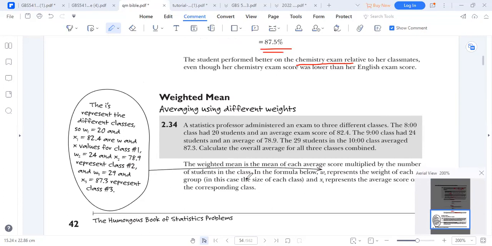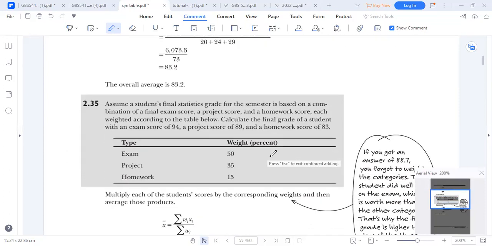So we go to using different weights. All right, so weights are important. We can use this question here. We have Maggie who wrote her exams based on 3 components: the final exam score, the project score, and the homework score. Each one was given in terms of weight.